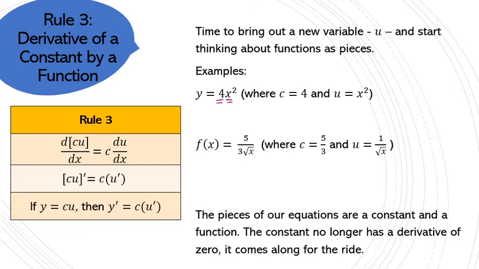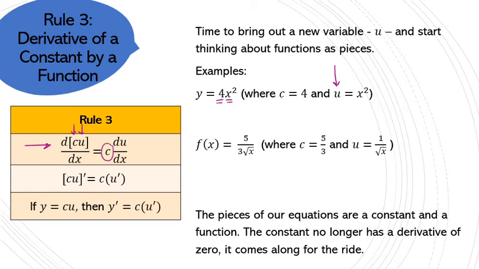So sometimes we like to replace x squared with u, or v, or some f, or g, and that makes our life a little easier in recognizing what's going on. So when we do that, we see that we have a constant times a function. And then we can see rule 3, which is very different than the derivative of just a plain old constant.